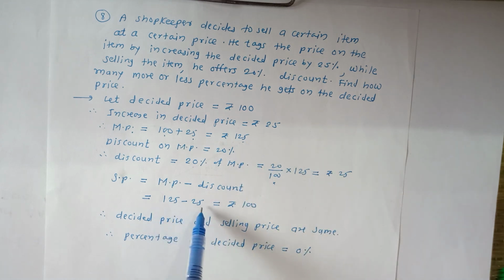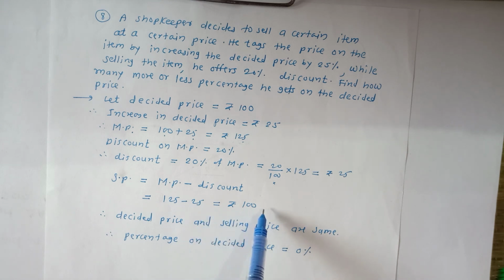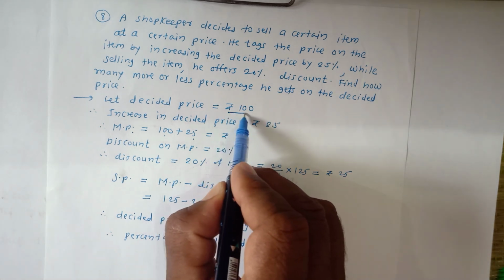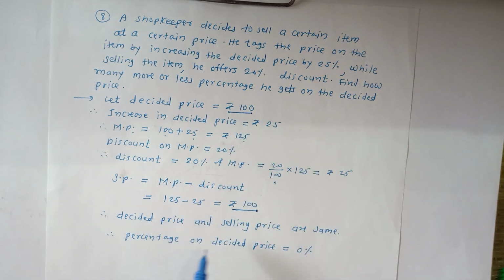So 125 minus 25, it will be 100. So selling price is 100 and decided price is also 100. So decided price and selling price are same. So percent on decided price will be 0%.